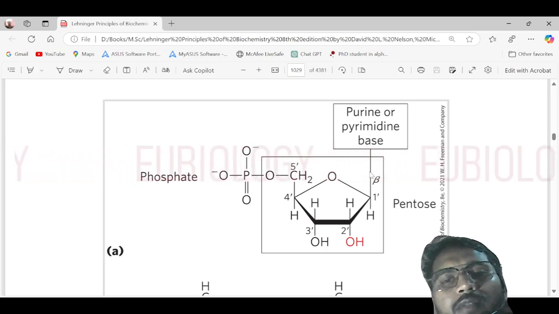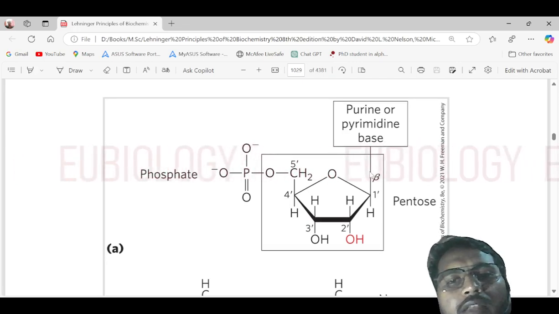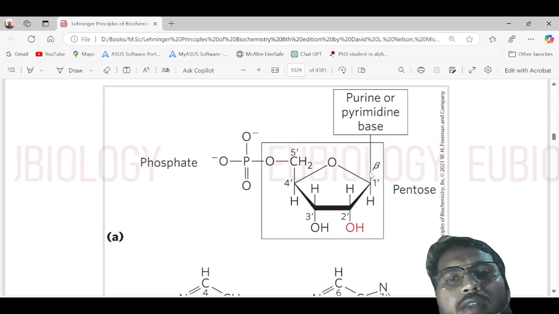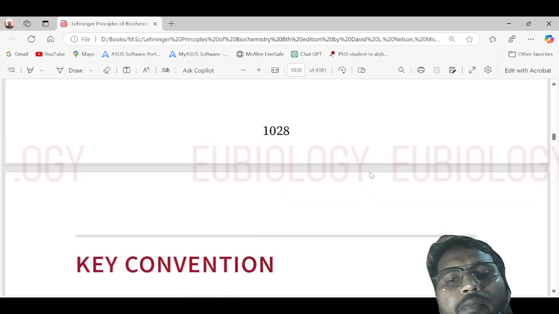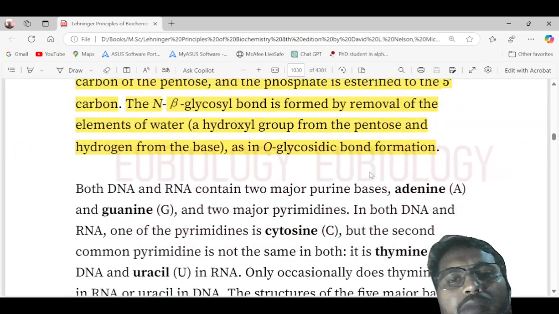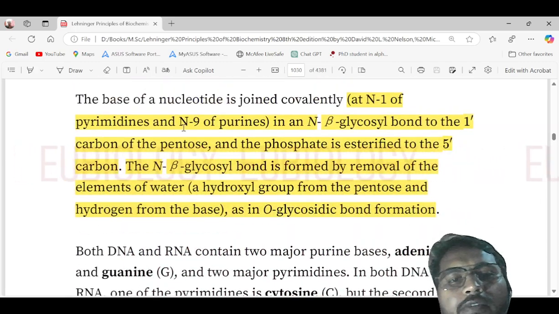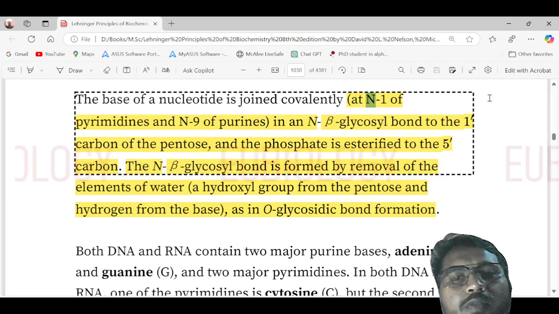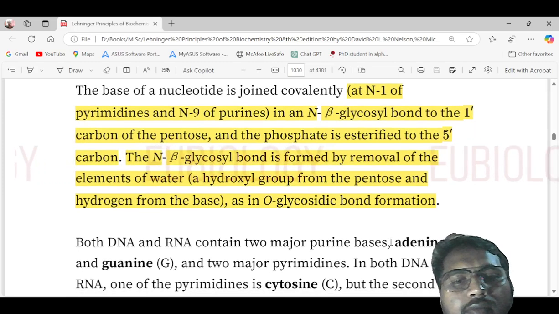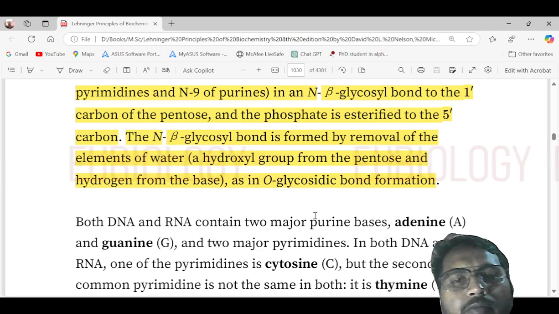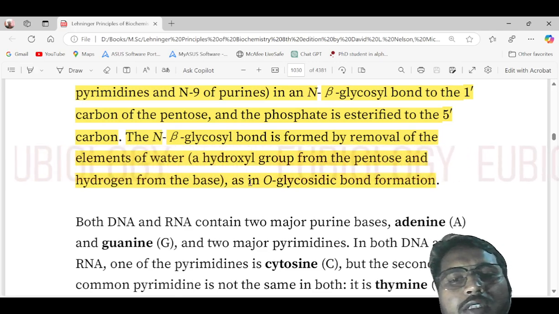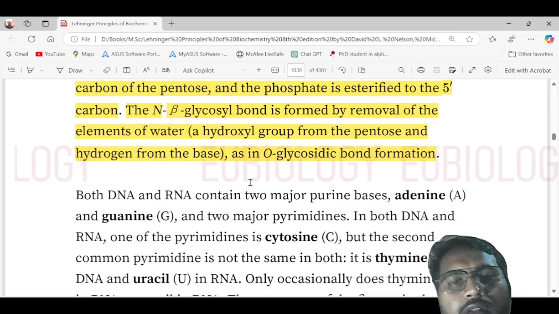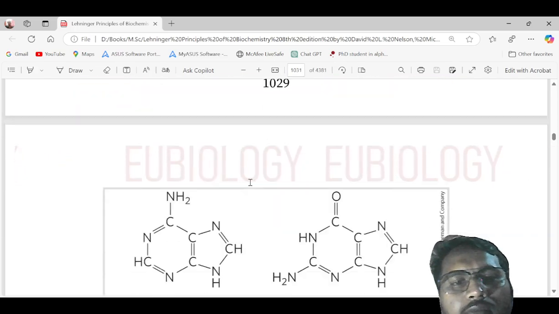If it is a purine, it will bind with the ninth nitrogen of the purine. It binds with a glycosidic bond. So if it is a purine, it binds with the ninth position of the nitrogen, and if it is a pyrimidine, it binds with the first position of the nitrogen. While making a glycosidic bond, it releases water and finally gives one glycosidic bond.